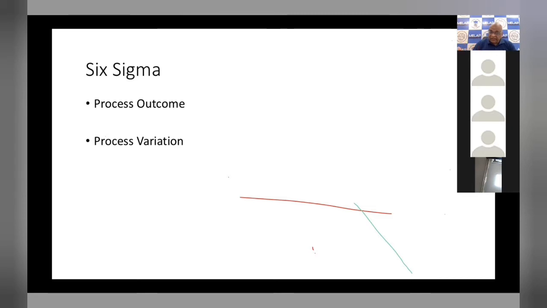How many times it is happening in a month, or in a year, then you can convert this into 6 sigma. Or a report released to an unauthorized recipient by mistake, one patient's report released to another patient. This is process outcome. So we have to see there are two things. One is process outcome, another is process variation. In both these scenarios, we can apply this 6 sigma, and over a period of time, we can analyze whether we are improving in our activity in these areas or not.